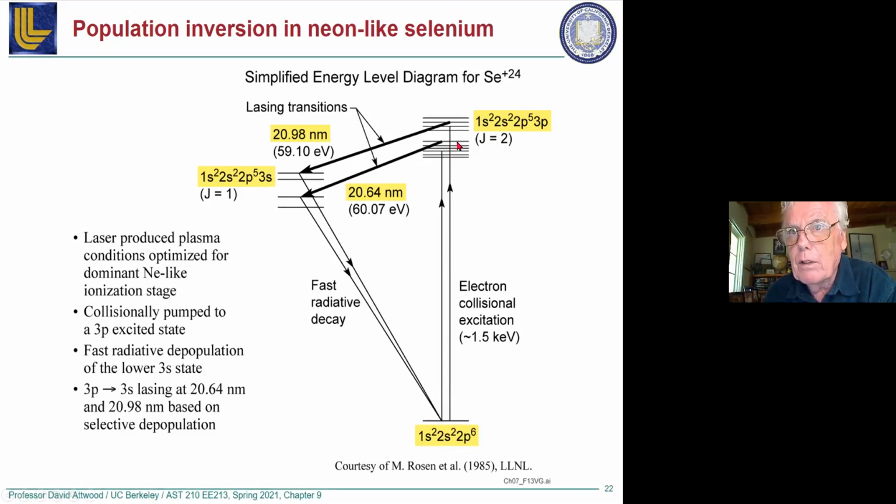And there's a manifold of states available here. And then there's a lasing down to the third levels, first level, second level, third level. And so there's lasing between this level, a 3p to a 3s transition at these wavelengths, 2 wavelengths, and then the fast radiative decay gets the electrons out of this state so there won't be absorption back into this state. That would be the losing game. That's why, again, we need the 3-level system.